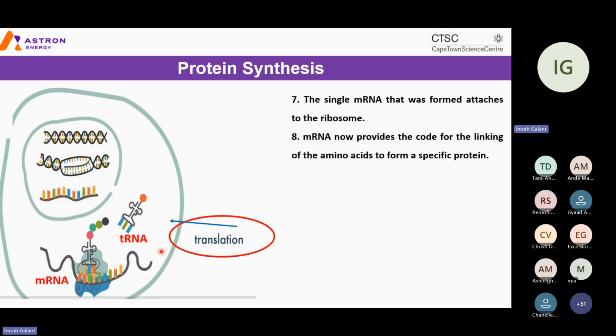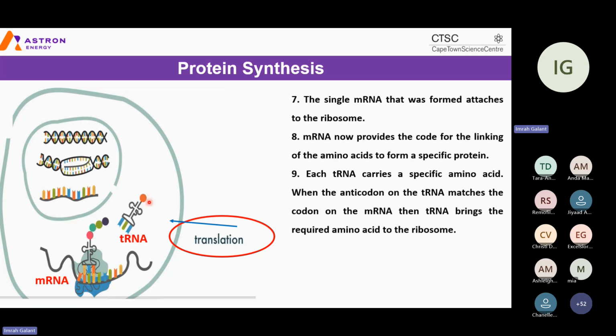Then over here, this is your tRNA molecule. Each tRNA carries a specific amino acid. These 3 lines over here are the nitrogenous bases of the tRNA, and we refer to them as the anticodon. The 3 nitrogen bases on the tRNA make up the anticodon.